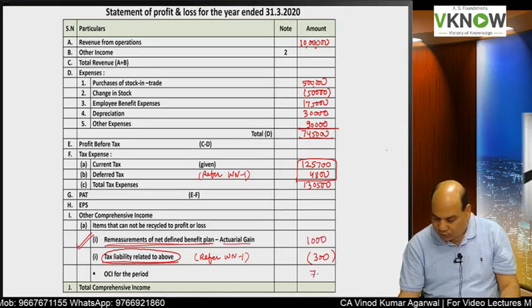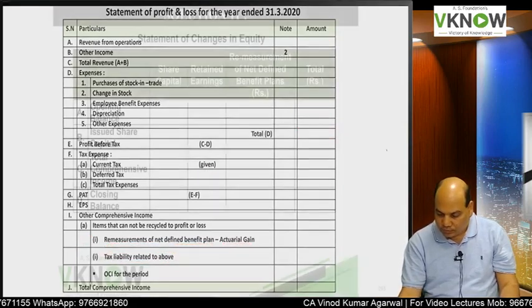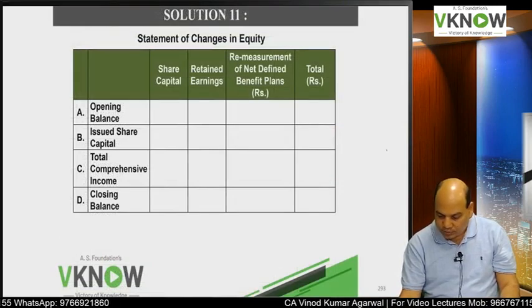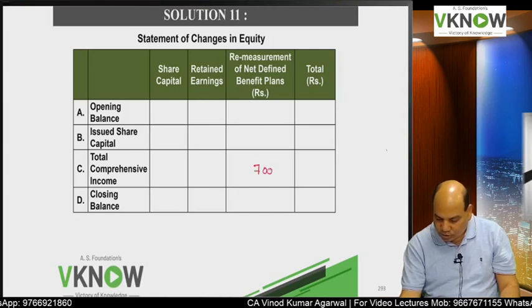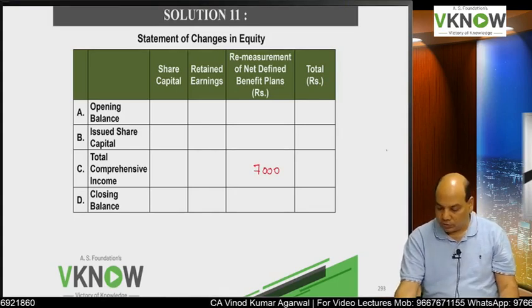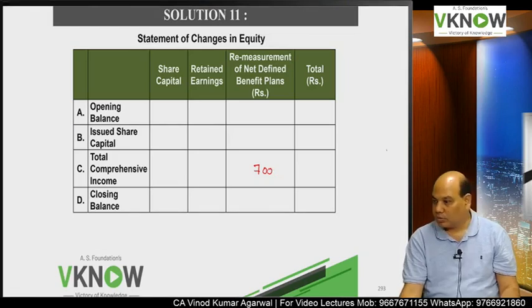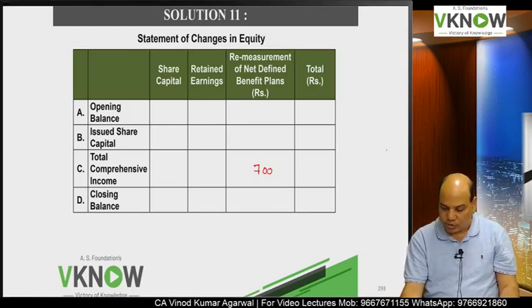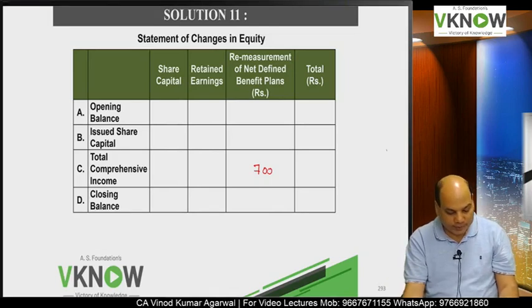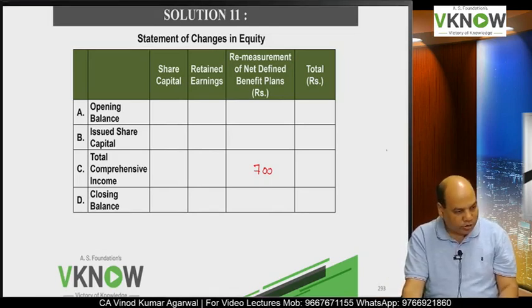So OCI for the period 700, and this 700 I can write in SOCIE third column under total comprehensive income. 700, sorry. Okay, just write there because retained earning is pending. So this completes my P&L account from the question book.